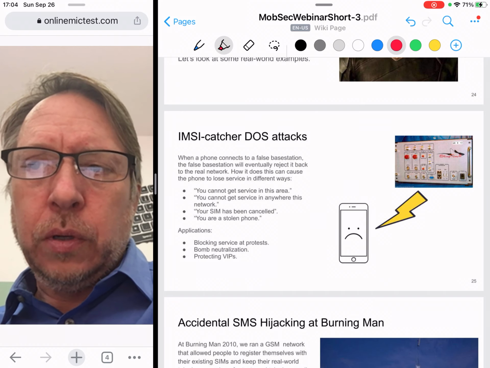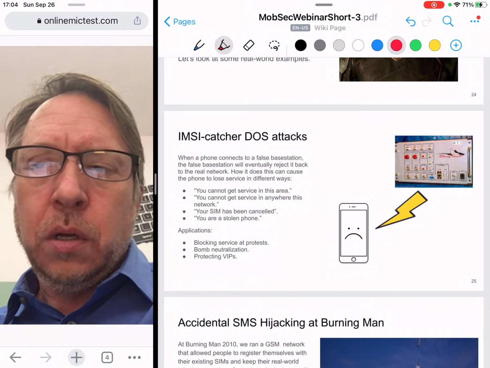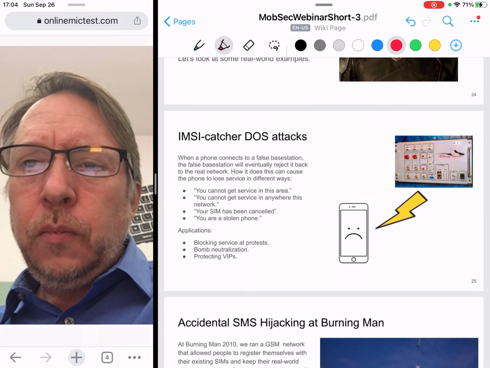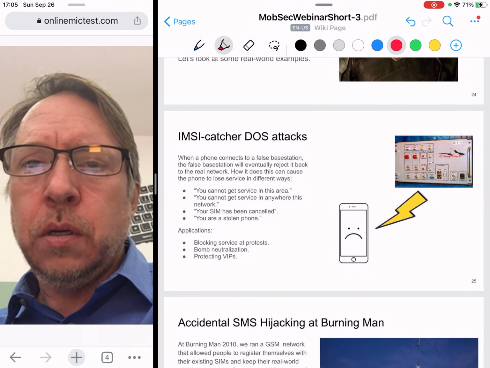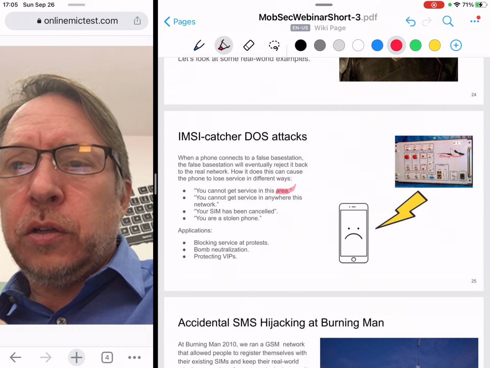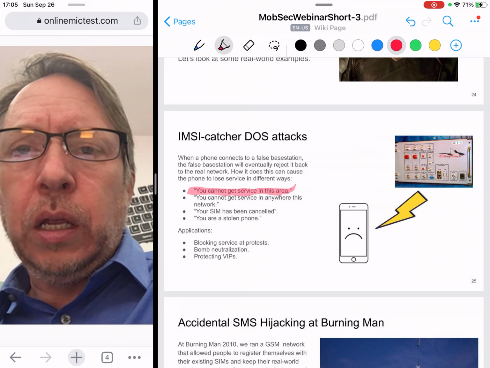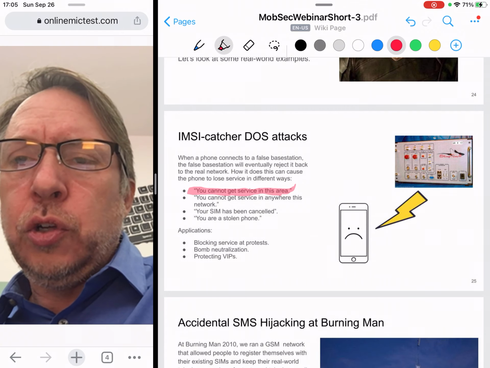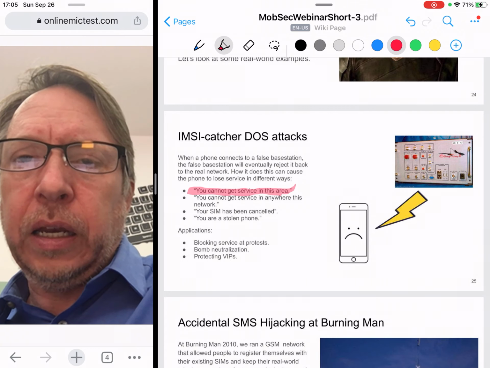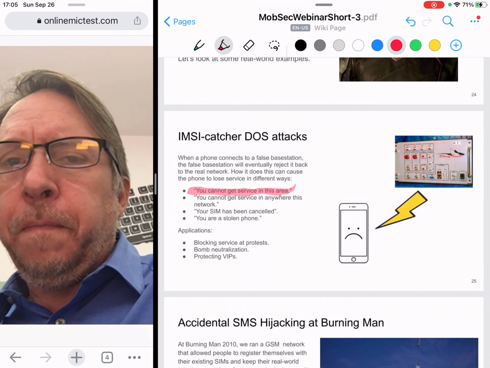But there are a few others. One is to say you can't get service in this area. Remember we talked about the cellular network being organized into location areas and tracking areas. So the base station can tell the phone you can't get service in this location area or in this tracking area.